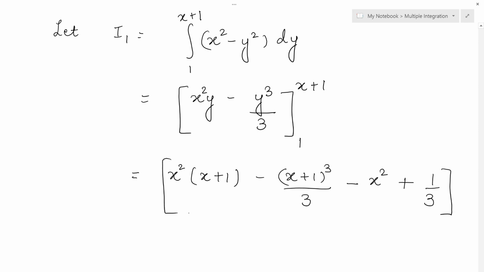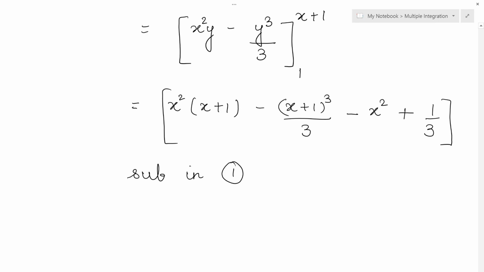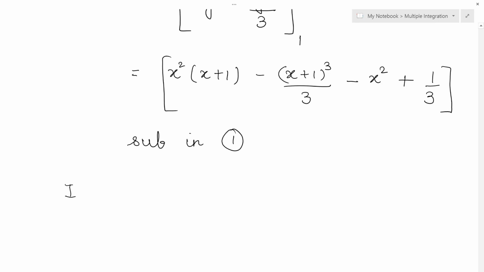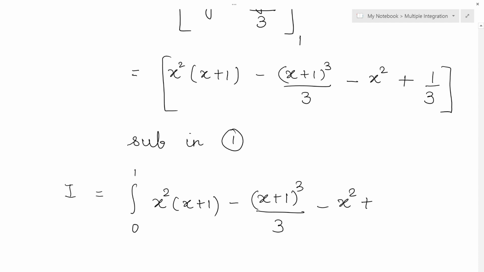So this is the answer for I1. Now this answer I will substitute in equation 1 and solving this will give me the final answer. So I will be the integral from 0 to 1 of this whole answer, whatever I have got: x square times x plus 1 minus x plus 1 the whole cube by 3 minus x square plus 1 by 3, dx.